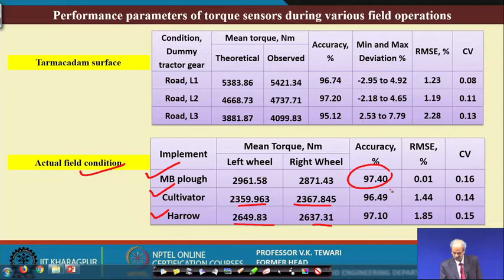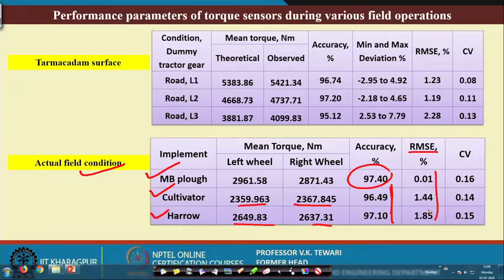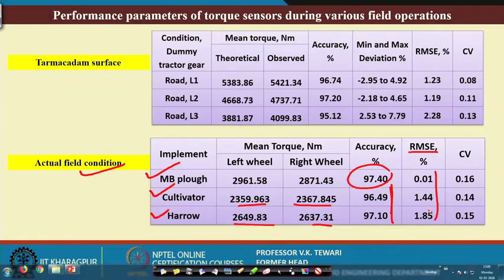You can see this very high level of accuracy, and also the RMSE values. The small RMSE values indicate that the developed torque sensing device for the axle of the tractor is very accurate and very handy for measurement of this torque.